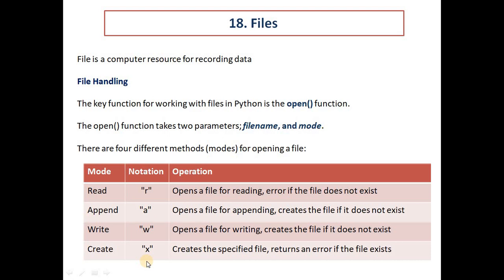Modes are R, A, W, X: read, append, write, and create. Read is used to open or display the content of a file. A is used to add new contents to the end of a file. Write is used to write, but it overwrites the existing contents. And X is used to create a new file. So let's go for the lab session.